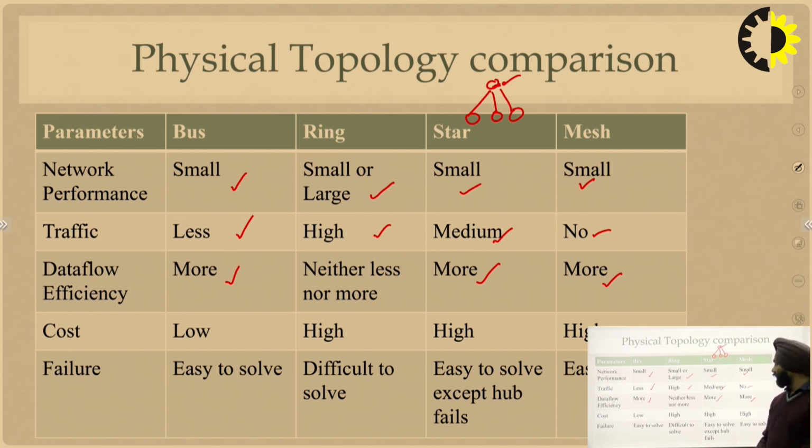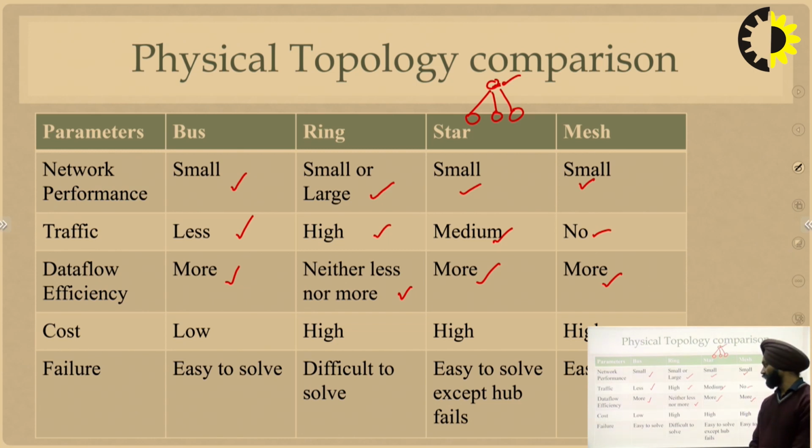But here we cannot determine whether the efficiency is high or low. It can depend upon the protocols, the number of devices, as well as the number of packets being transmitted.